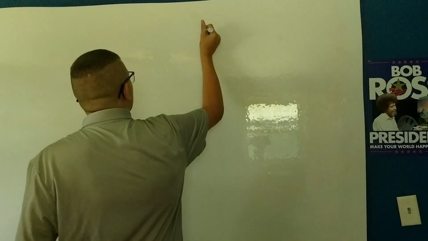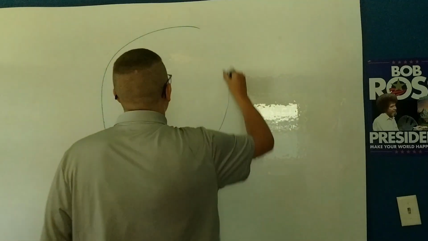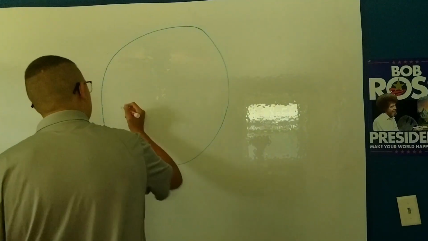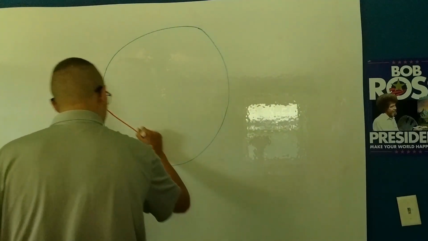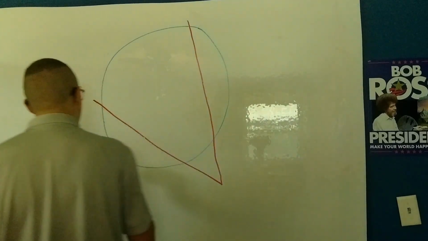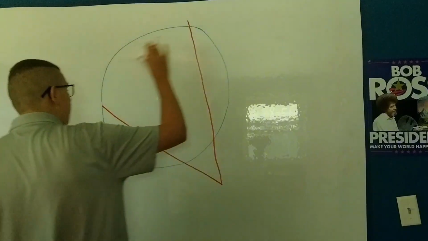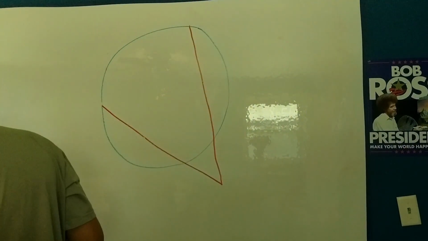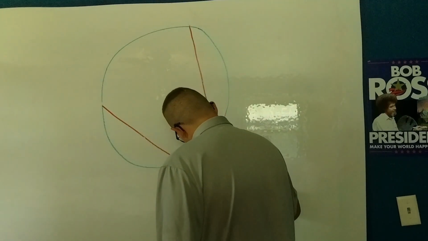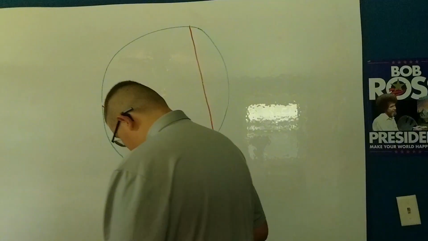We have 2 more. So if we draw our circle, so many circles, and we have a line like this, and a line like this, are 2 secant lines, and I tell you that this is 35 degrees.